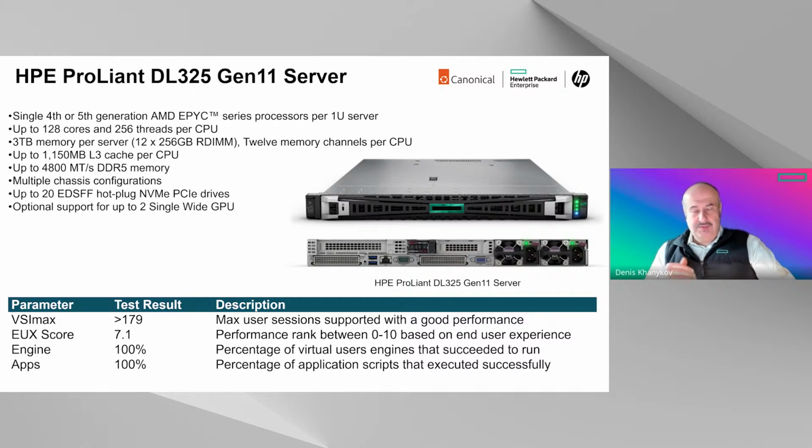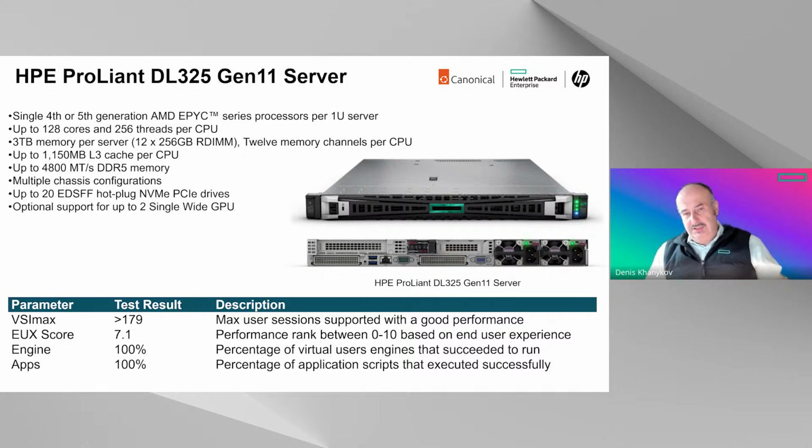Next, we need to make sure that our environment is efficient. So we need to deliver high user density on a particular VDI environment. So we need to combine high CPU frequency with high core count, and this is where AMD EPYC CPUs are actually helping us a lot. The next consideration is that we don't want to keep all of the eggs in a single basket, right? If the VDI environment is hosted for a certain number of users, we need to make sure that those users are distributed among multiple servers.